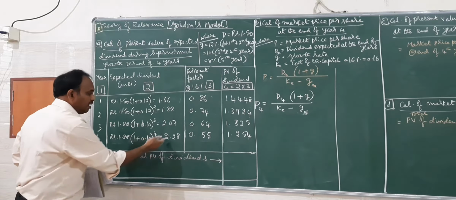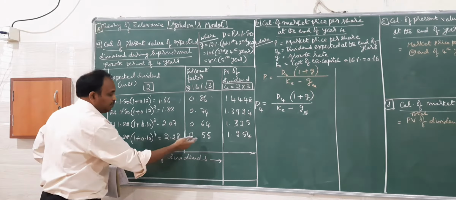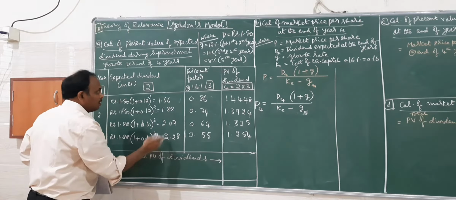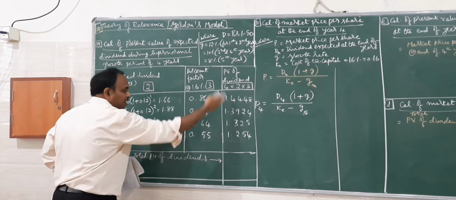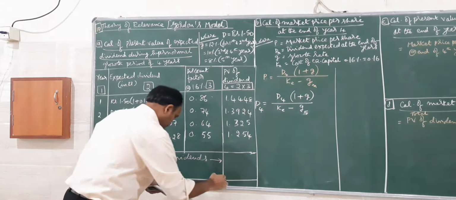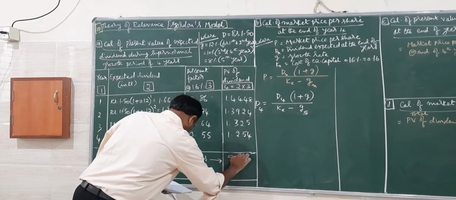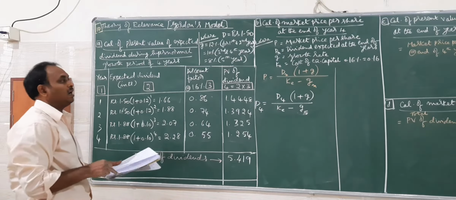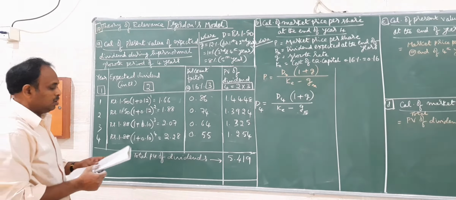So if you multiply the expected dividend and discount factor, we get the PV of dividend. That is column number 3, and the total of the 4 is the total PV of dividend, 5.419.